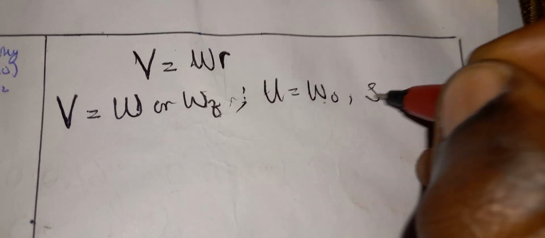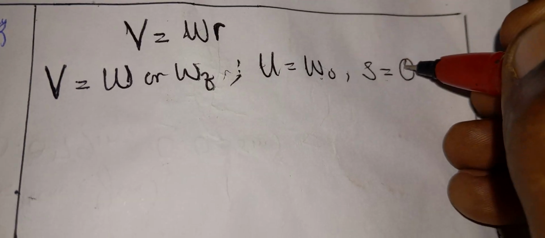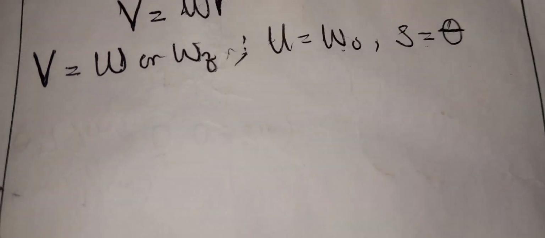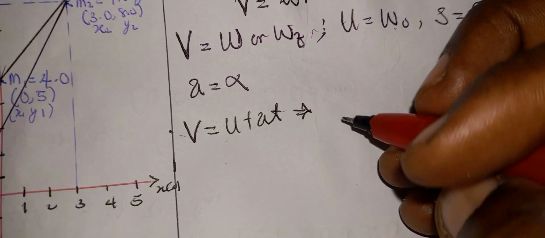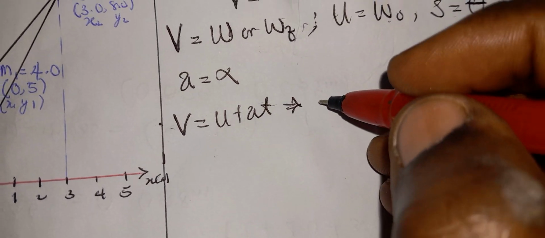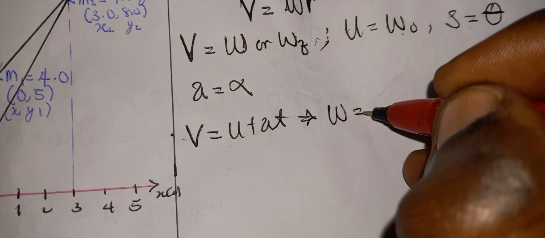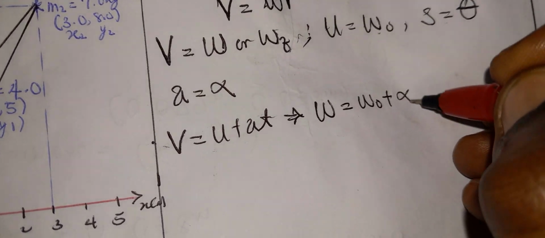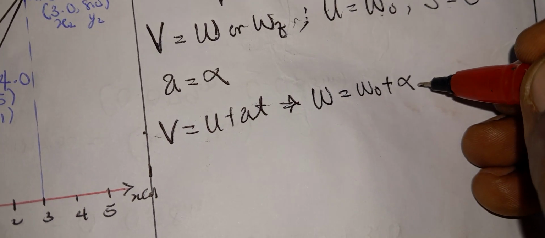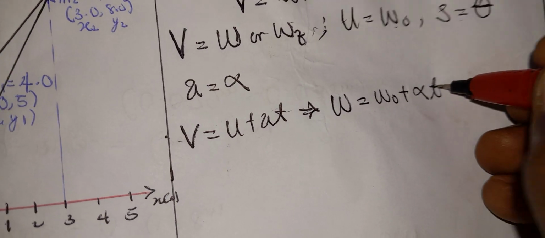The position I'm using theta, and then acceleration will be our angular acceleration. So the first was v equals u plus at. So v using omega, u using omega naught, plus acceleration using alpha, and then t.